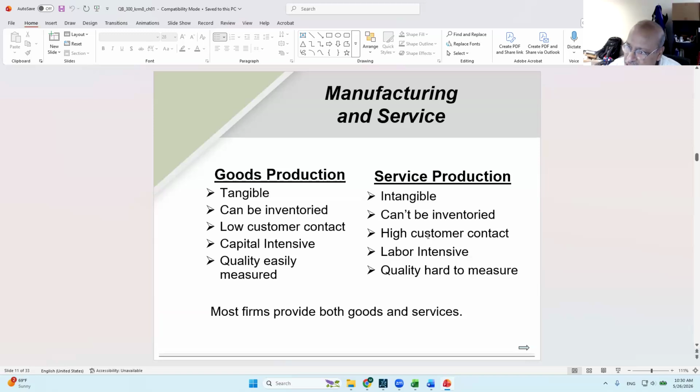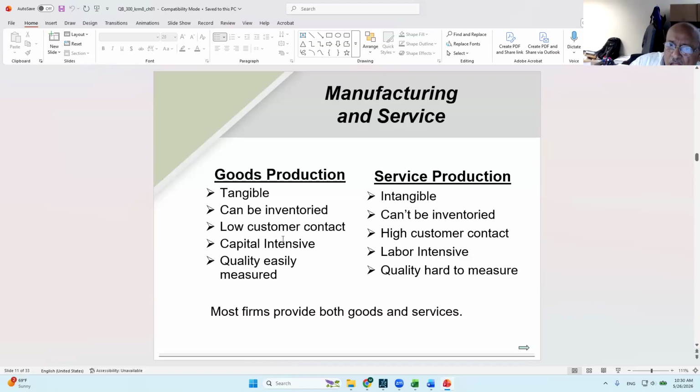Or sensors. In modern cars, there are plenty of sensors that suddenly put the brake on. So you have to get the service from an electronics expert and implement it into your vehicle. So it is not only goods production, it is also service production.